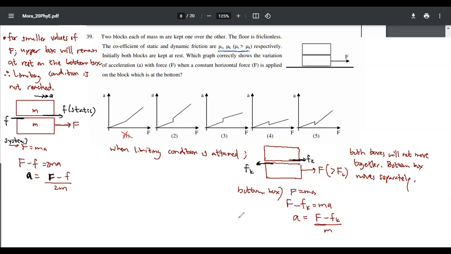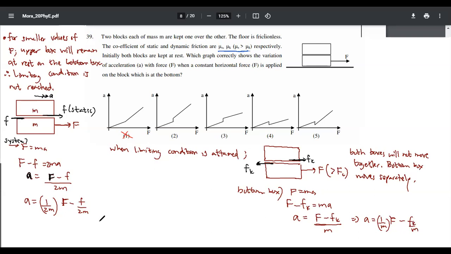Now what's the difference between these two graphs? If you take this graph, A is equal to 1 over 2m into capital F minus f over 2m. Do you understand the meaning of this part? I hope you can understand this. Here it is A equal to 1 over m into F minus Fk over m.